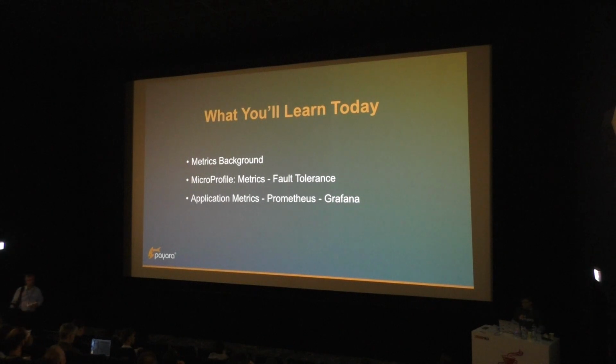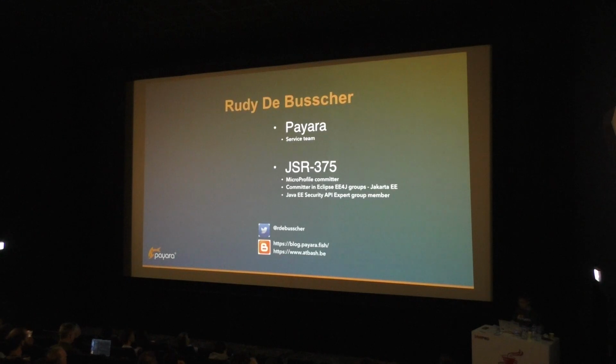And I'll show you also how easy it is to combine those metric information into a Prometheus database, for instance, and with Grafana alerts and graphics, so that you see that it all can be grouped, linked nicely together.